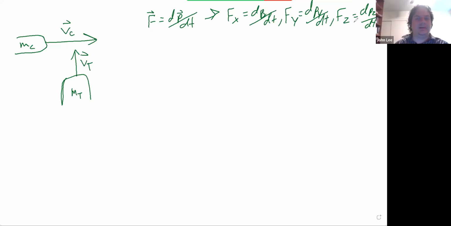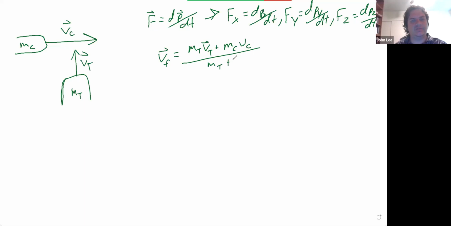So that's the main thing that you're going to get out of talking about vectors that we haven't already talked about. But we talked about V final for a totally inelastic collision being equal to M1 V1 plus, or in this case, M truck V truck plus M car V car over M truck plus M car. I'm going to take a break pretty soon, so hopefully that will take care of my verbal flubs.